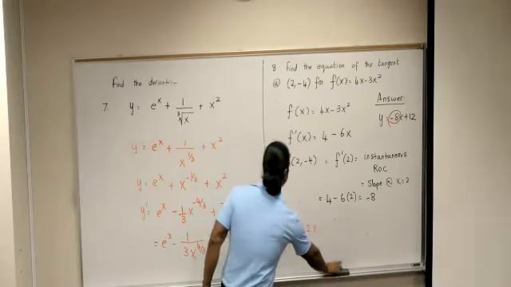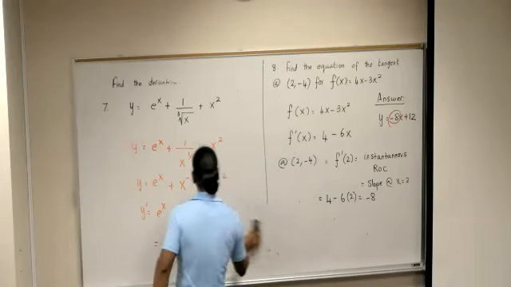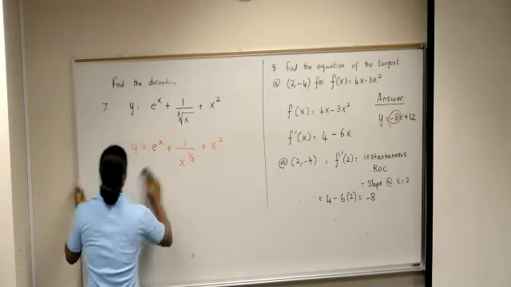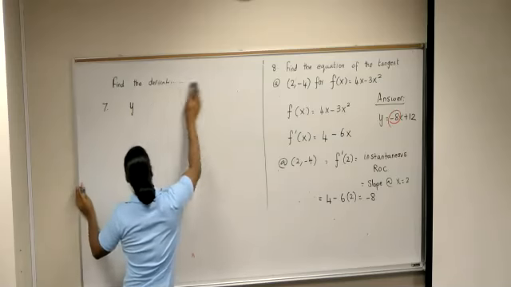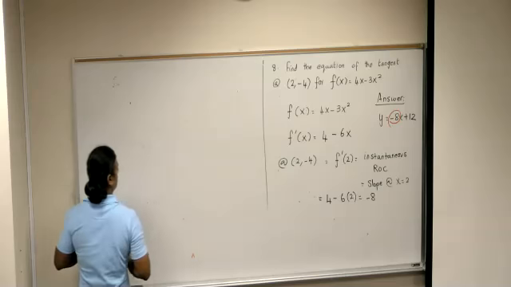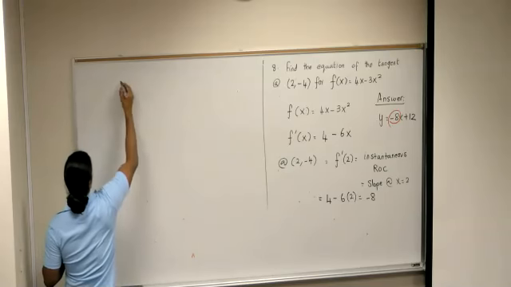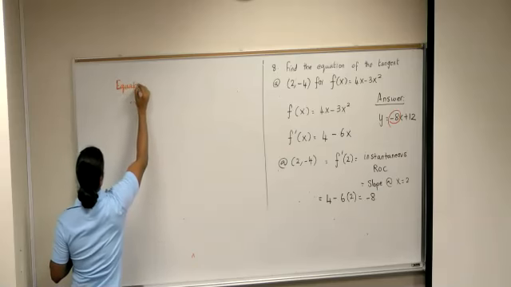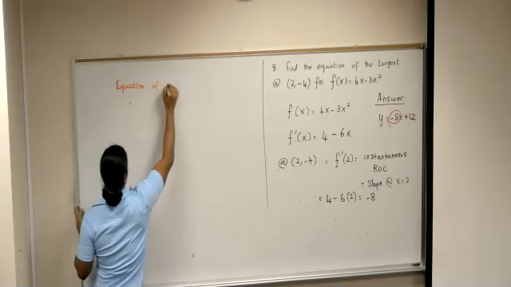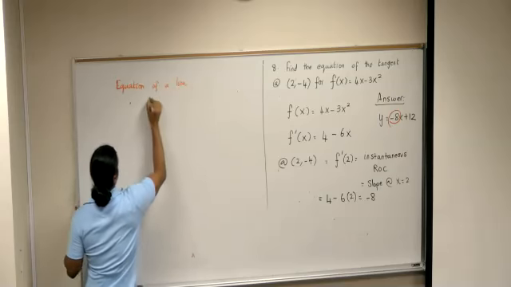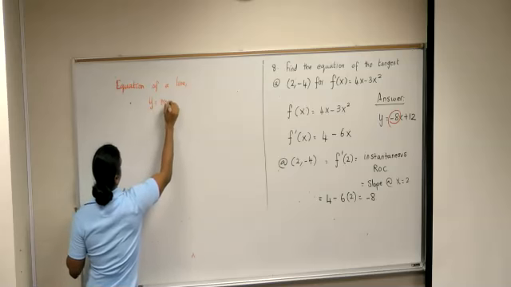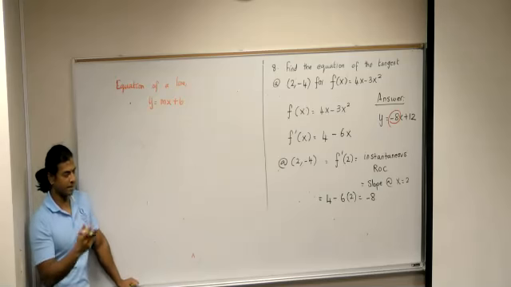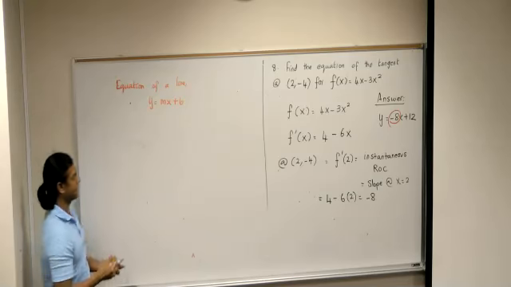Finding the y-intercept is easy. Last time we made use of the point slope form. I can use the slope intercept form this time because I know the slope already.